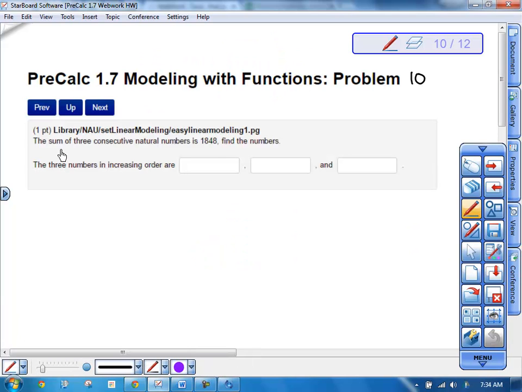Next problem, the sum of 3 consecutive natural numbers is 1848. So let's just say that one of the numbers is x. The next number, if they're consecutive, will be x plus 1, and the next one will be x plus 2. And I need to do the sum of those numbers. So it's x plus x plus 1 plus x plus 2. Those would be the consecutive numbers to add to 1848.